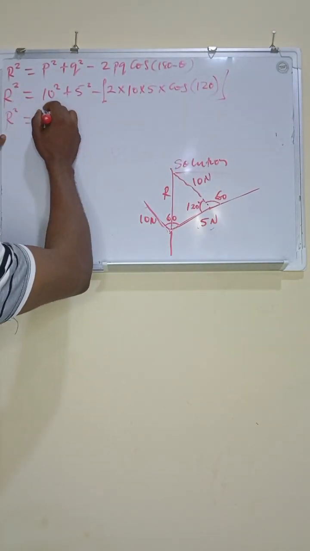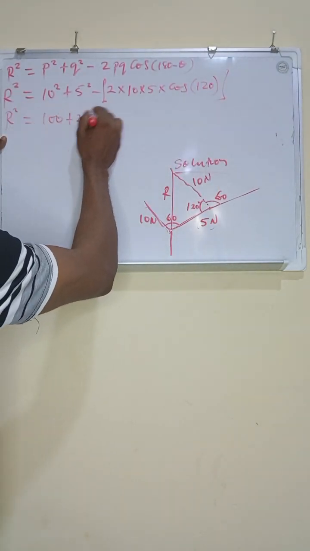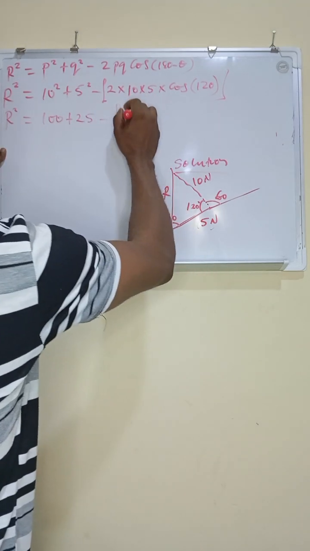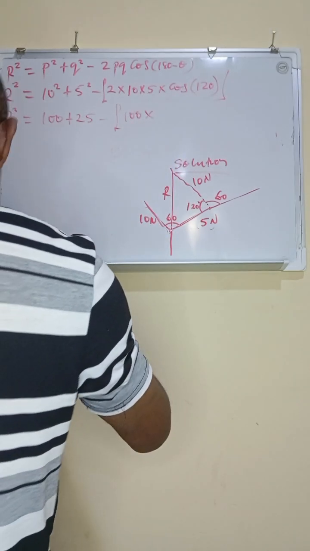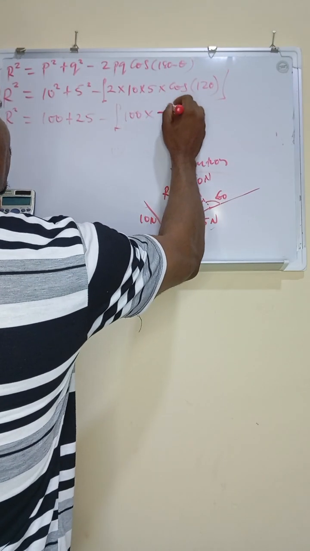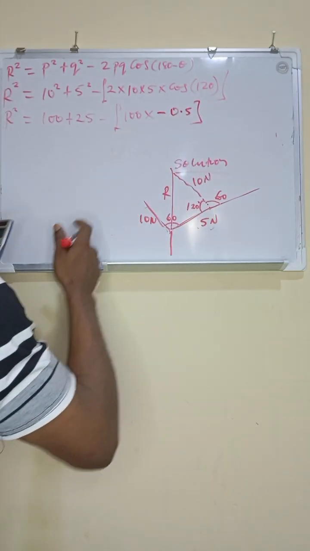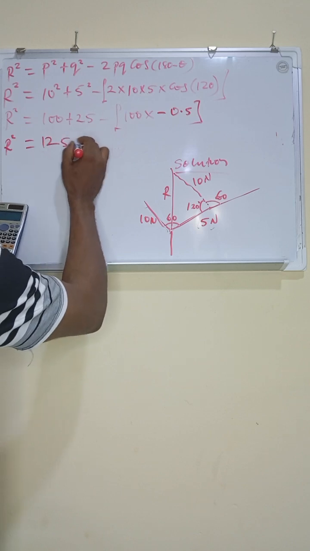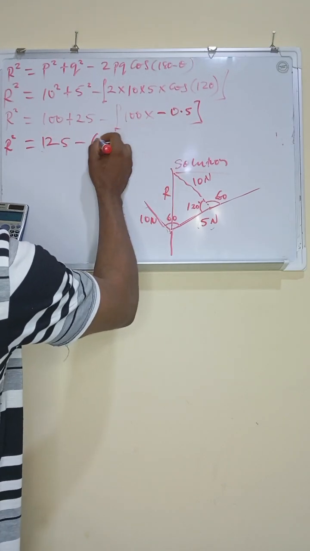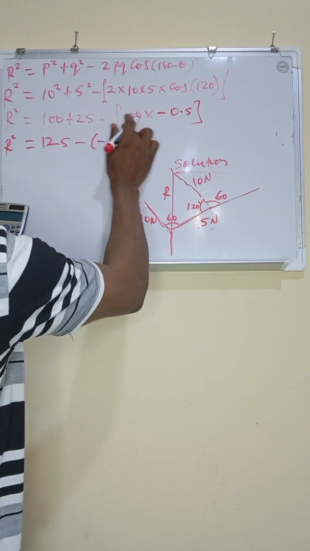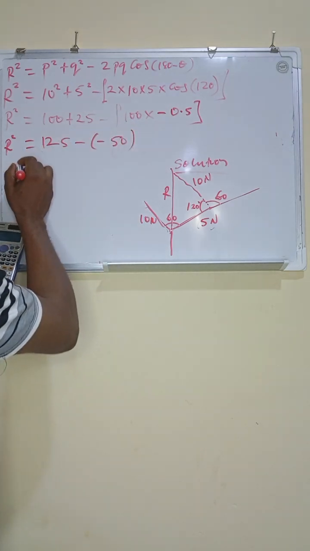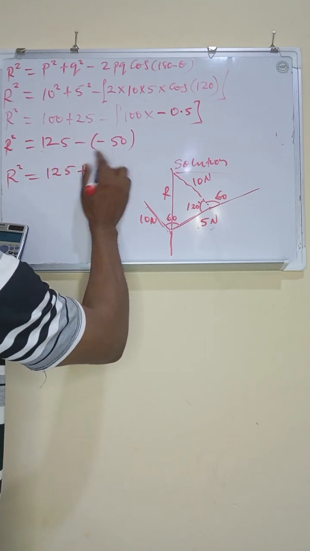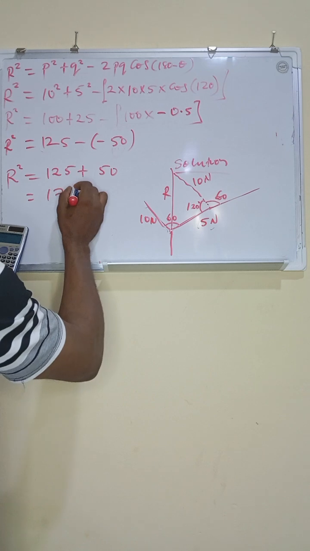R squared equals 100 plus 25 minus 2 times 10 times 5, which is 100, times cos 120, which should be minus 0.5. Then we now have R squared equals 125 minus the minus 50. Minus times minus gives you plus, so we have 125 plus 50, which gives 175.